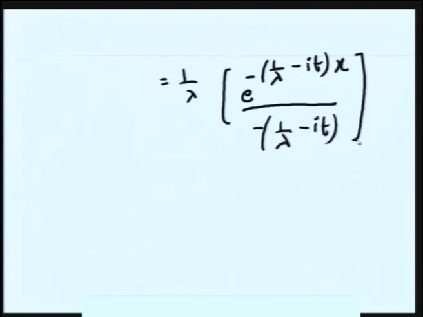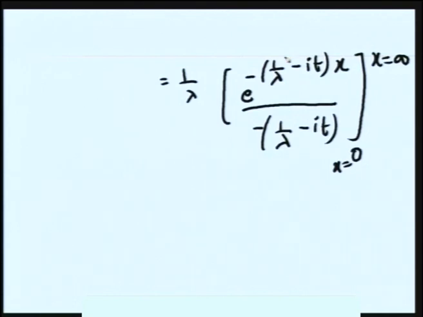I will tell you why this is written in this format, with minus taken outside: only when it is e power minus infinity does it become 0. So, we have to make this quantity 1 by lambda minus i t a positive quantity, so that negative into positive into infinity gives you e power minus infinity. Okay. So, this is written as 1 by lambda, and I will simplify this part, as minus is taken outside, and it becomes 1 minus i t lambda by lambda.